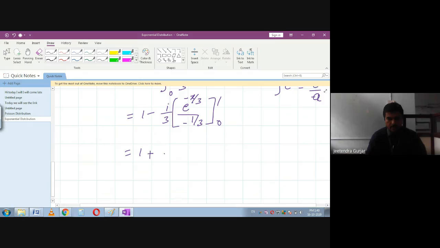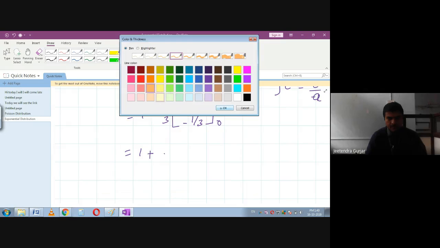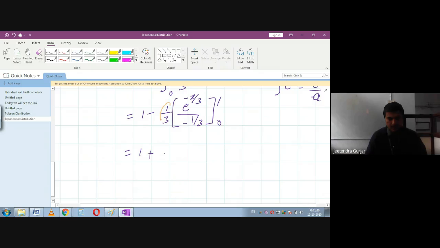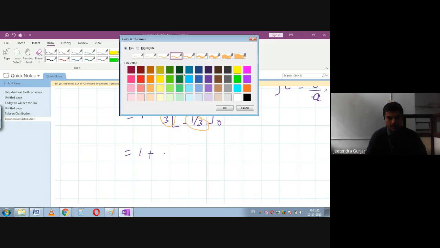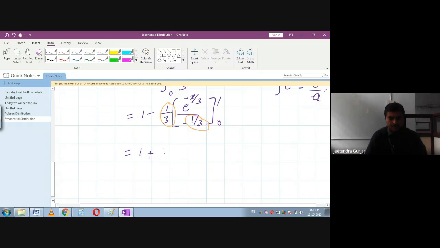So the value multiplied and divided by this value, and minus becomes plus 1. So we continue. Here it becomes plus, and what remains is only e raised to minus x upon 3, integrated from 0 to 1.